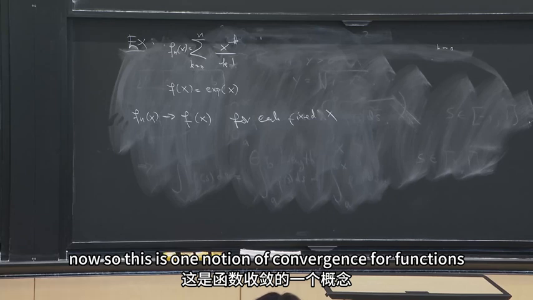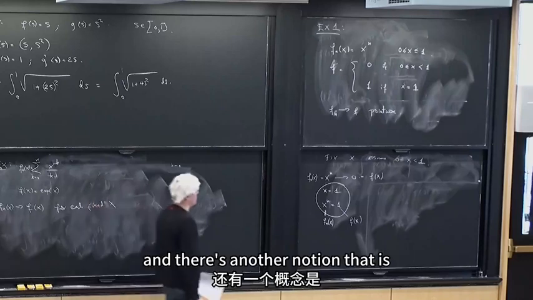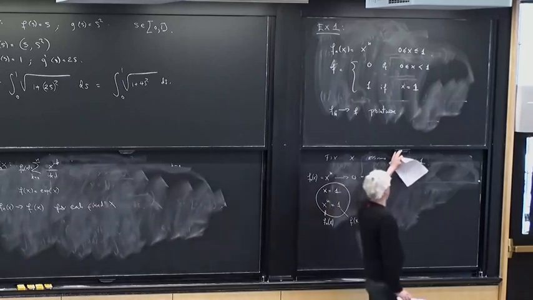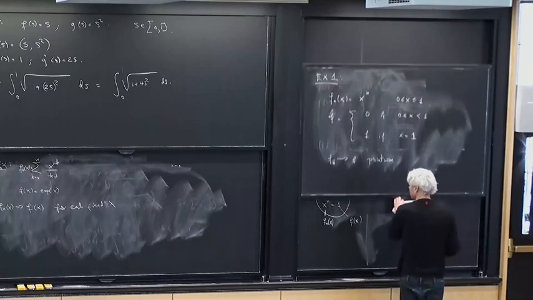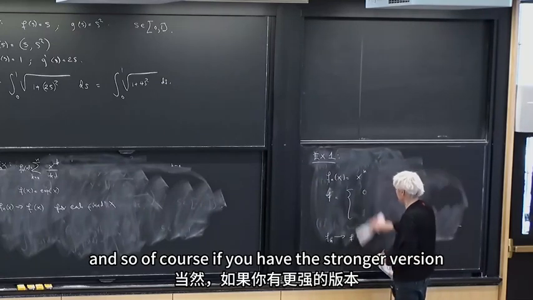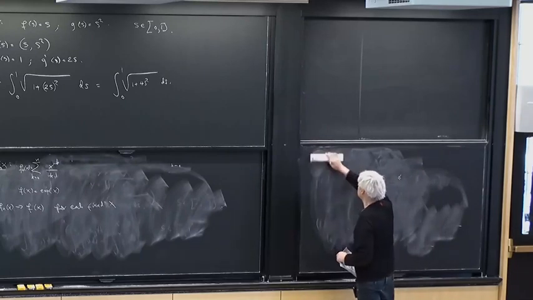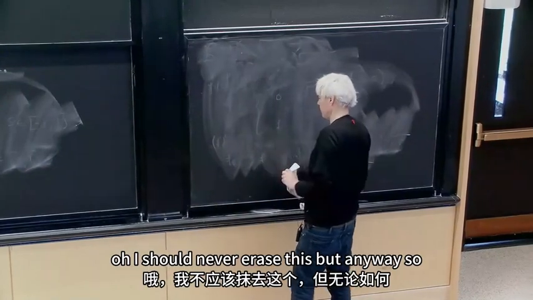Now, this is one notion of convergence for functions. And there's another notion that is also useful. They're both useful. The other one is stronger. And so, of course, if you have the stronger version, you often get something much better. Oh, I shouldn't have erased this, but anyway.